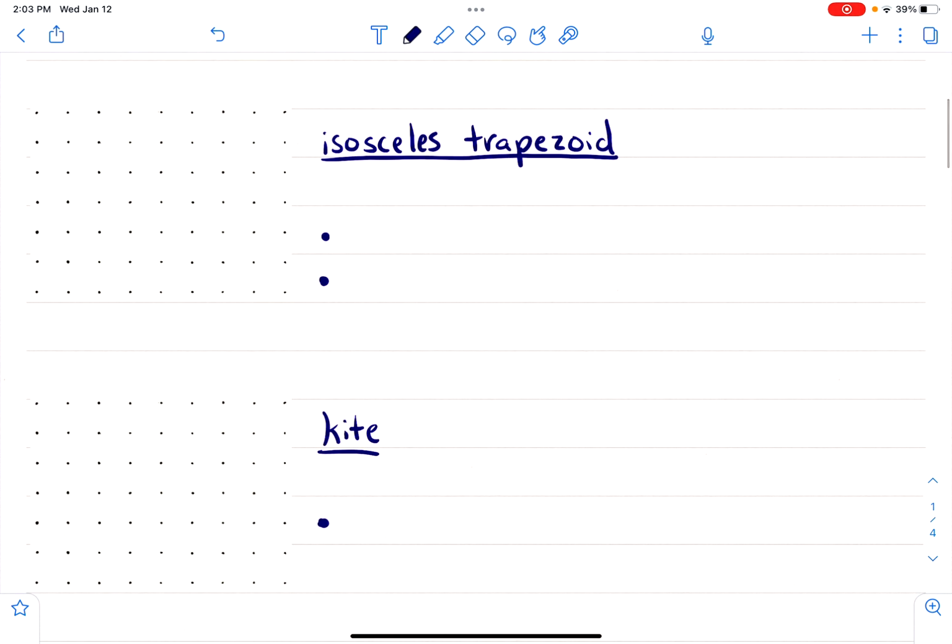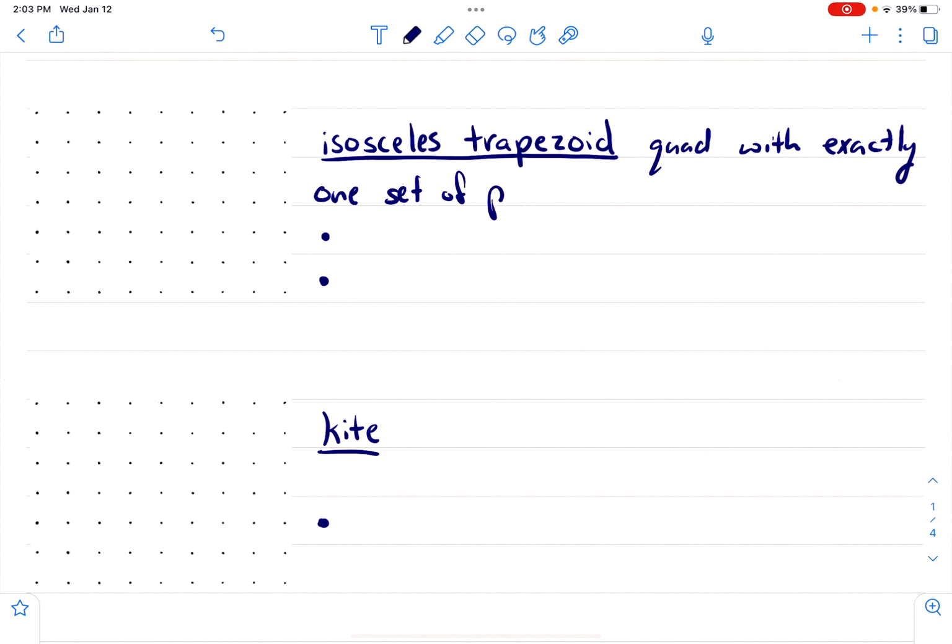Okay, isosceles trapezoid. Isosceles trapezoid starts out the exact same way. It is a quadrilateral with exactly one set of parallel sides, but then it has a kind of catch.